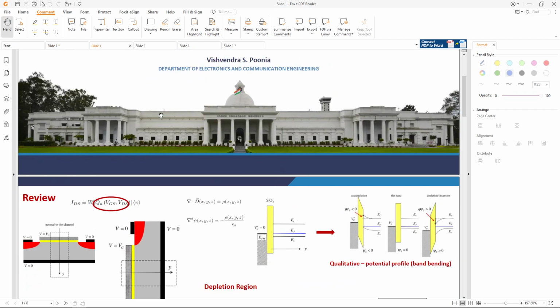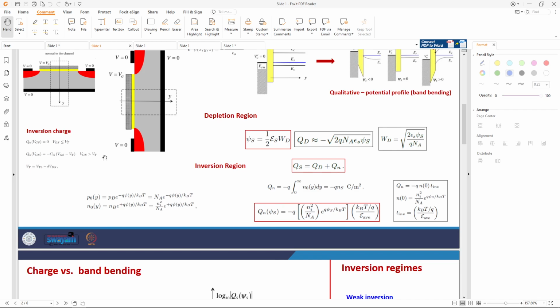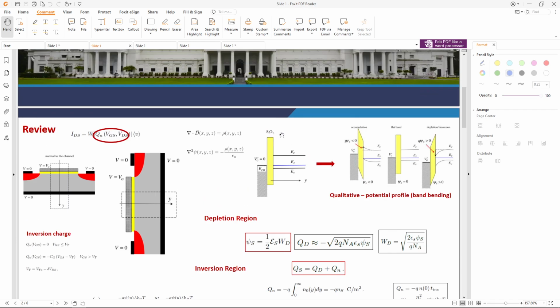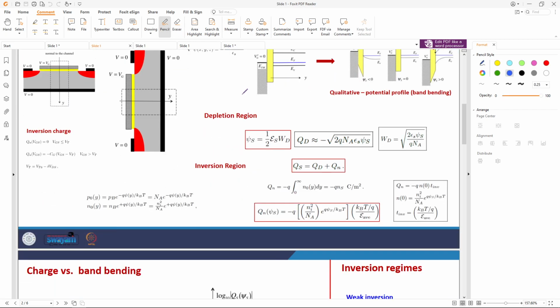So moving on. All the results that we have previously studied are summarized here. The thing you have to focus on is this relation, the inversion thickness, given by kbt by q by E average.